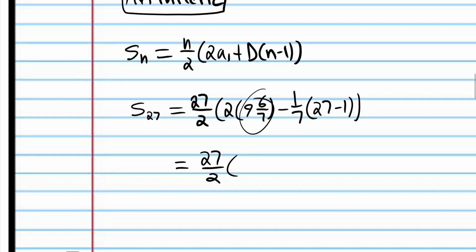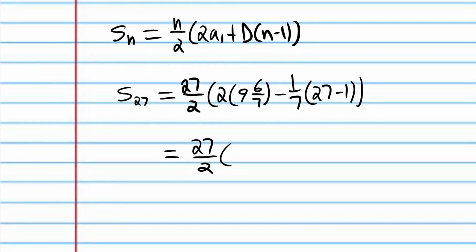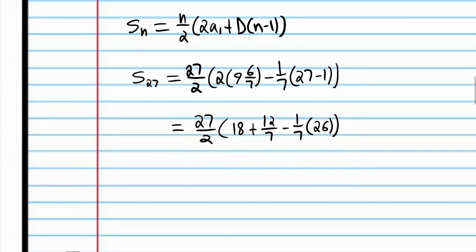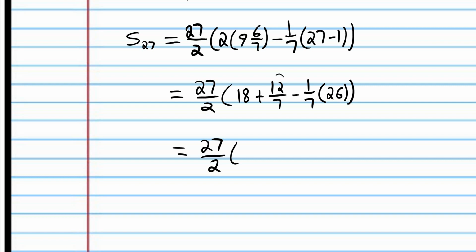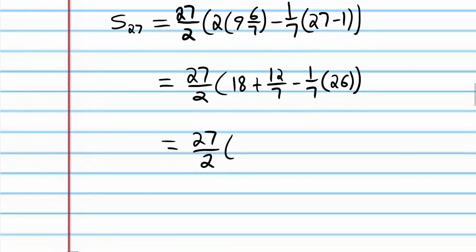And this is 9 plus 6/7, so we're actually going to use distribution. So that will be 18 plus 12/7. And we have 26. So we have 12/7 minus 26/7, which is negative 14/7.